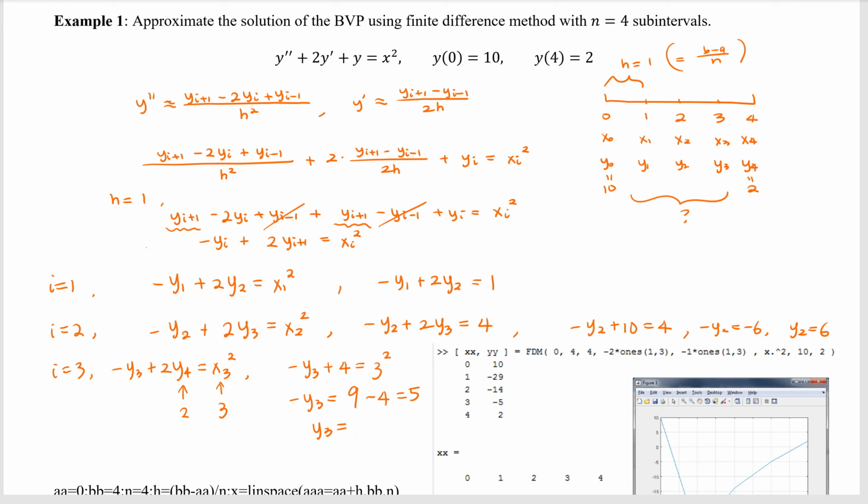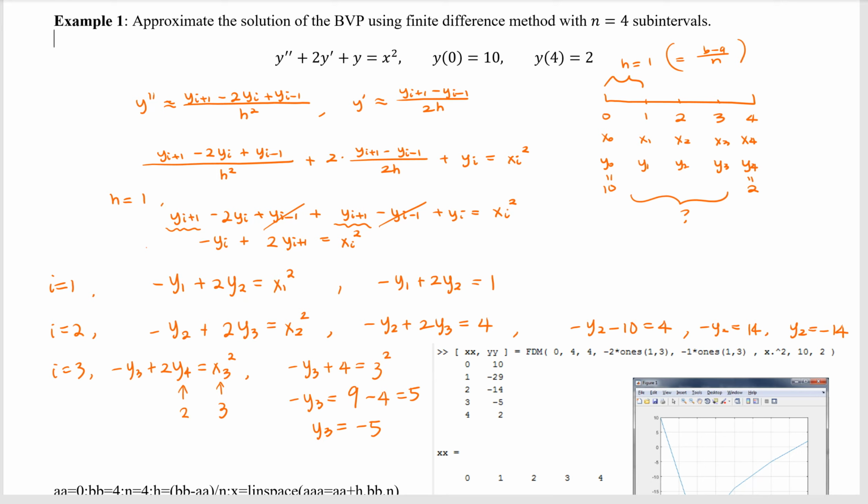So minus y3 equals 5, so y3 is actually minus 5. Then it will be 4 plus 10 is 14. y2 is then negative 14. Sometimes we have to be careful because when we work with a lot of numbers, it's very easy to make mistakes. So we gotta be careful.